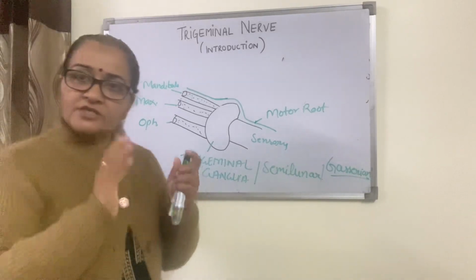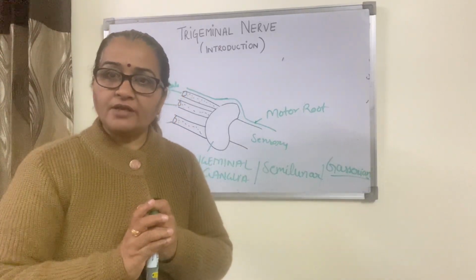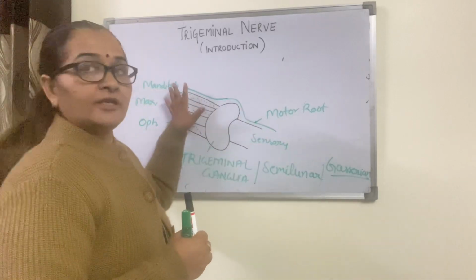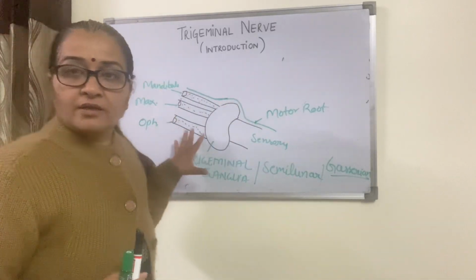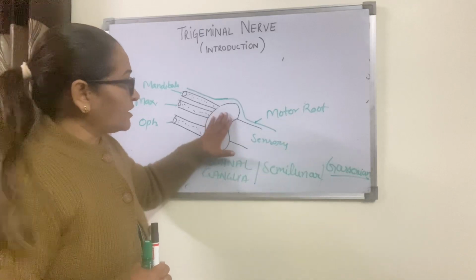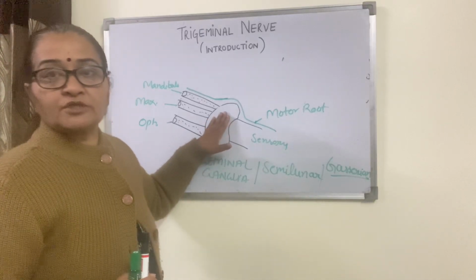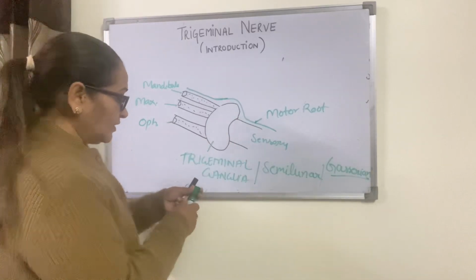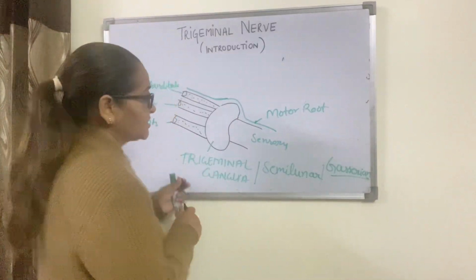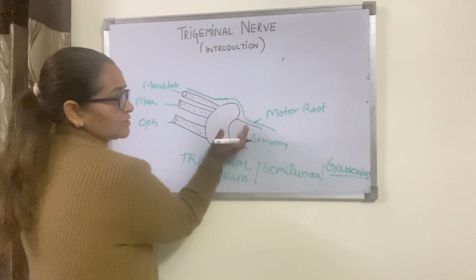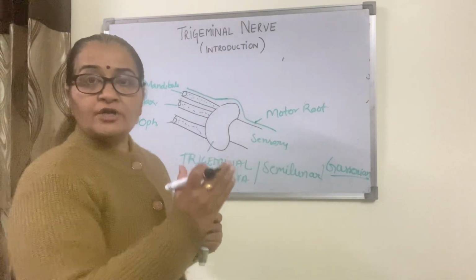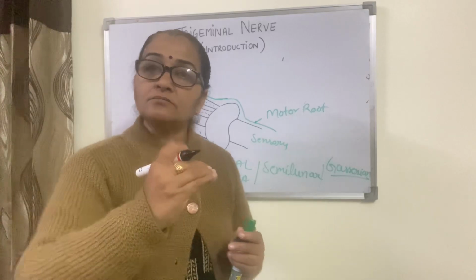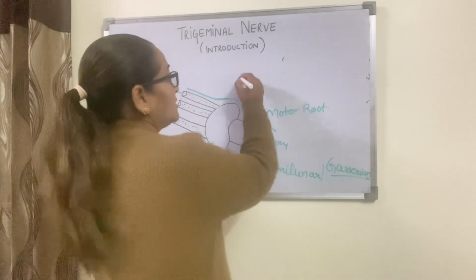Once it leaves the brain, how does it leave the cranium? Now it lies in the middle cranial cavity. This ganglion is related with the petrous part of the temporal bone. The petrous part of the temporal bone is lying over here. So this ganglion is covered by a dural fold, which is known as Meckel's cave.